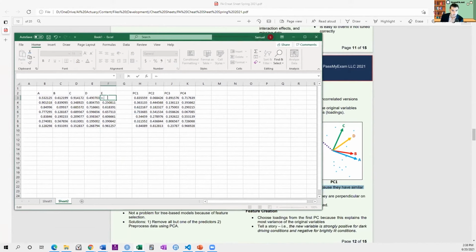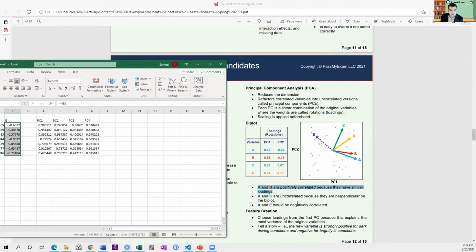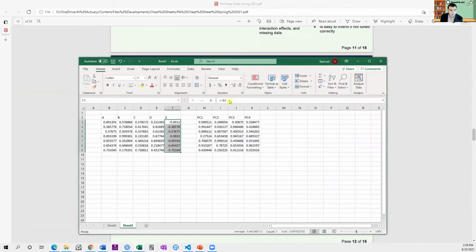If A is temperature and E is snowfall, you know that when the temperature is high, the snowfall is going to be low, and vice versa. So they have a negative correlation, right? So it would be something like that.